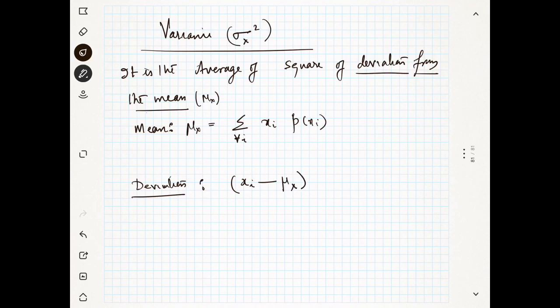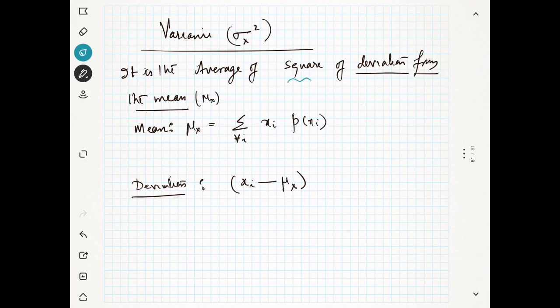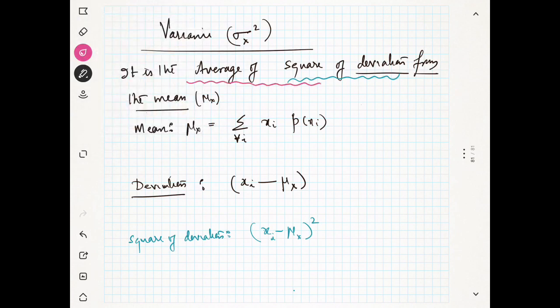This is the deviation. Then I am talking about the square of the deviation. What do you mean by square of the deviation? You take this deviation, xi minus mu x, and square it. After that, you find the average of the square of the deviation.